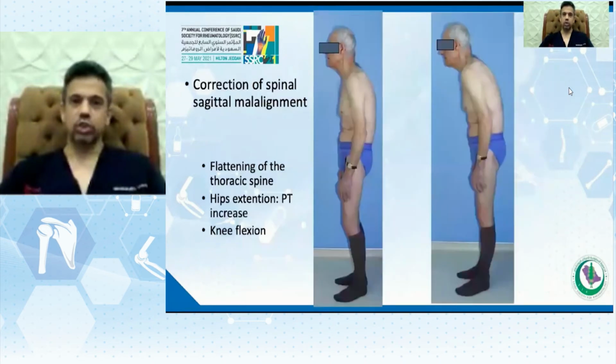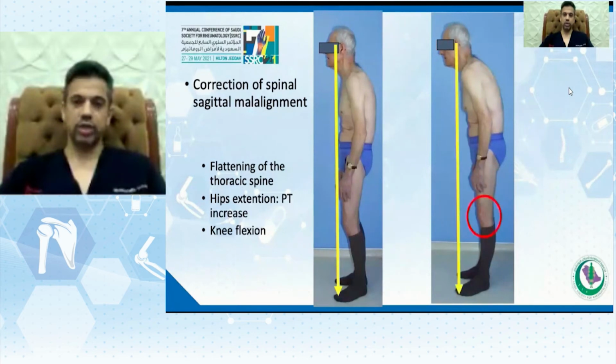This patient is trying to compensate for his sagittal profile. Looking at him at first glance, you will see that this patient is aligned well. But when we ask him to straighten his leg, he will lose the balance. In the first picture, he was able to maintain the balance because of flattening of the thoracic kyphosis with a retroverted pelvis and hip extension with increased pelvic tilt and knee flexion.